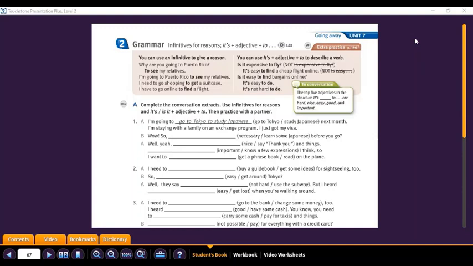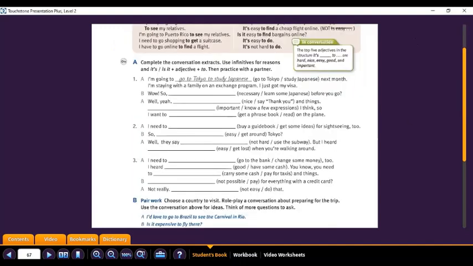About this explanation about the infinitive for reasons? I don't think. Okay, thank you, Florencia and Jorge. And Hugo, it's everything okay, right? Yeah, right. Yes. Okay, and we are going to complete the conversation using this infinitive for reasons, okay?